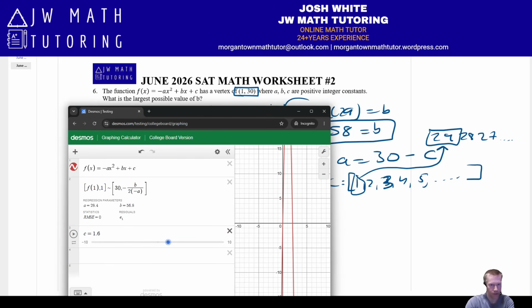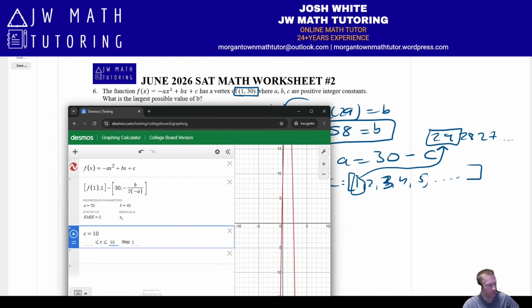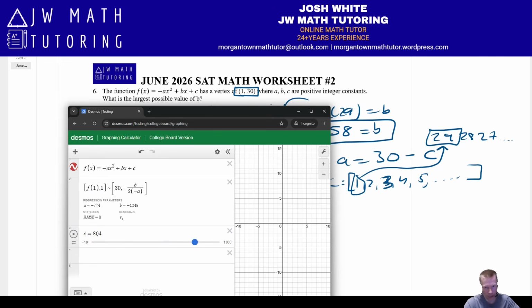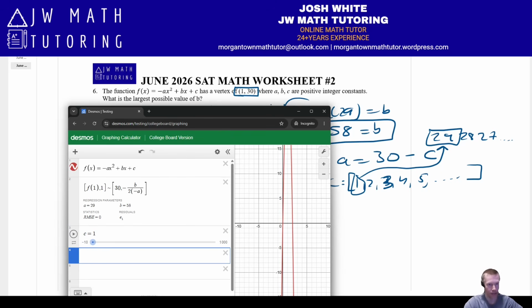Notice as I increase this, and I can actually set the step to 1 because we know it's an integer, b only gets smaller, and even if you jump this up to like 1,000, notice b just continues to get smaller and smaller and smaller. It's not going to all of a sudden change direction and come back and be more positive, right? So the whole point is the value I started with, the 1, that is the largest value of b. Okay, so this is one way to do it.